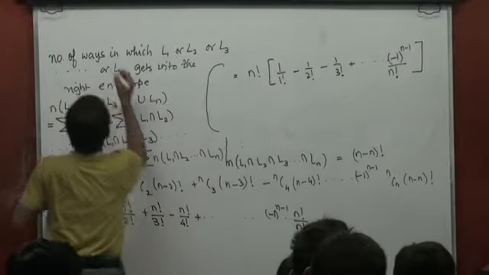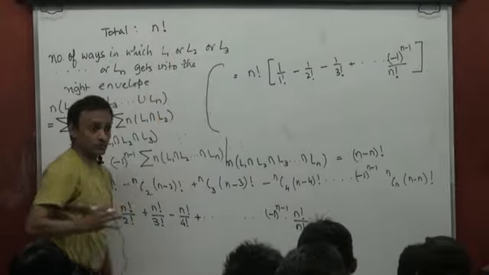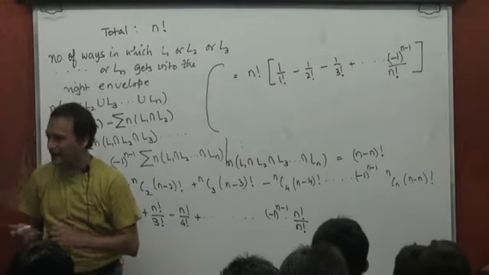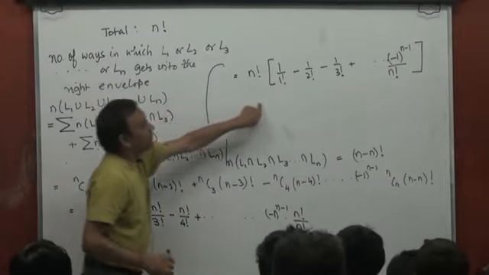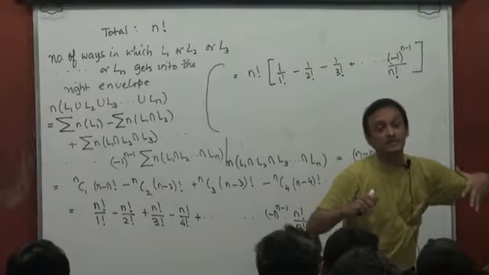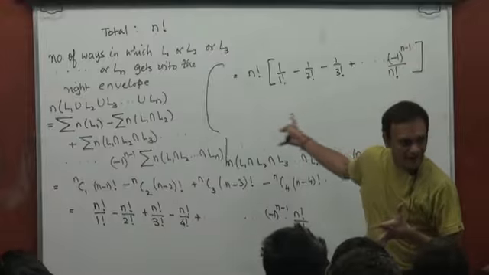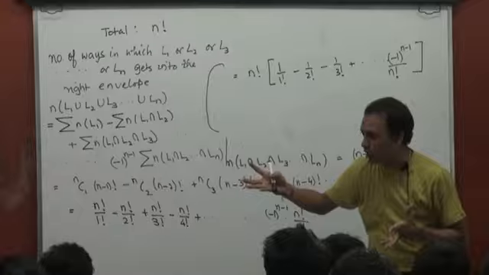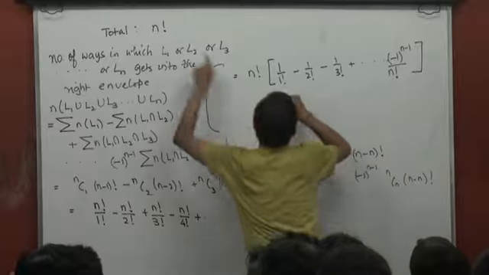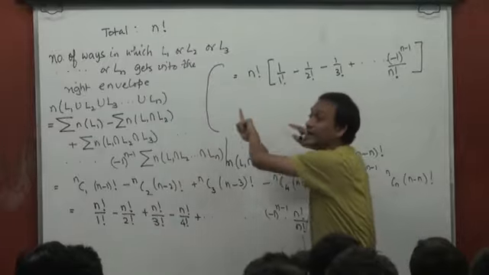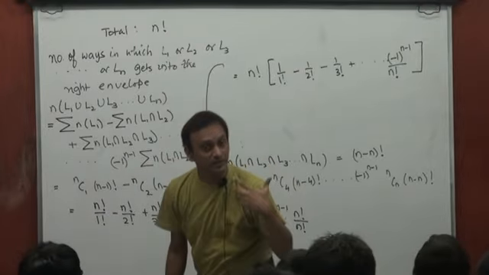And what are the total number of ways? n factorial was the total. There were a total of n factorial ways of designating letters to envelopes, one letter per envelope. Out of n factorial, these were those many ways in which at least one letter got into the right envelope. That means from n factorial, if I remove these many ways, I will get the number of ways in which not a single letter gets into its right envelope. Yes or no?